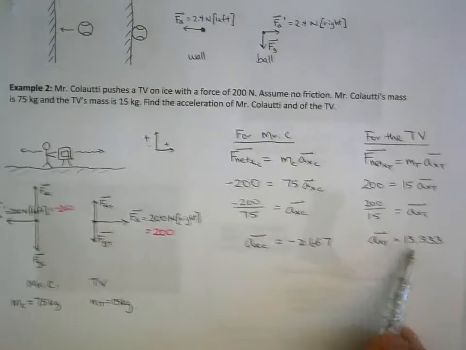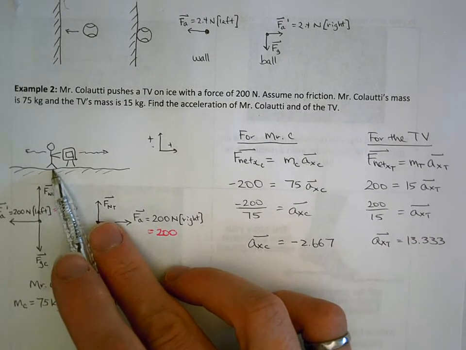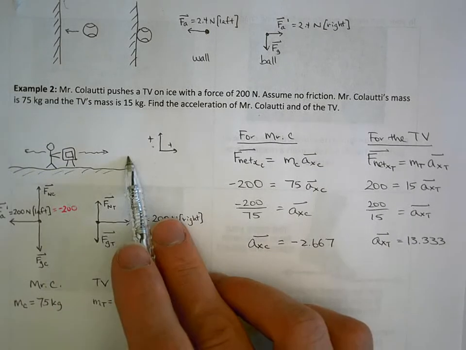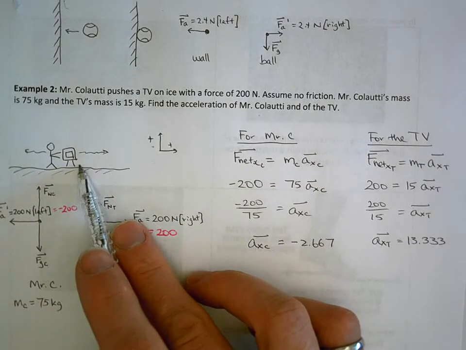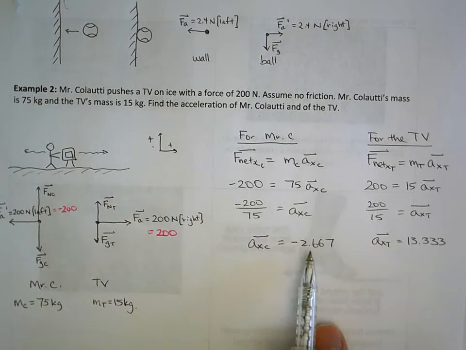So look at what we see here, the TV really accelerates. And this makes sense, right? If a person that's heavier than the TV pushes the TV, the TV's going to go flying. Now the TV pushes back on that person, but because they're a lot heavier, the acceleration of the person is not quite as severe.